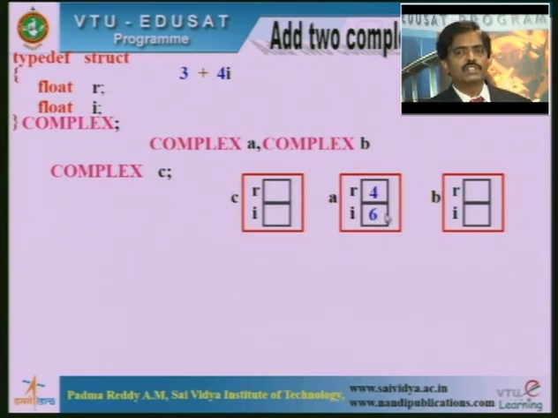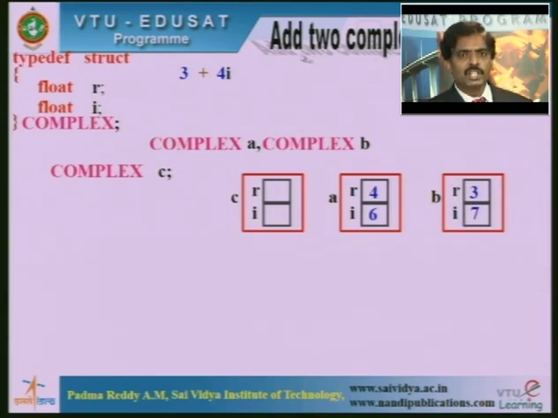What is the meaning of this? 4 plus 6i. 4 plus 6i can be written in the memory like this. So this is the first complex number. Suppose this is second complex number, 3 plus 7i. The 3 plus 7i can be stored in the memory using real part and imaginary part as shown here.